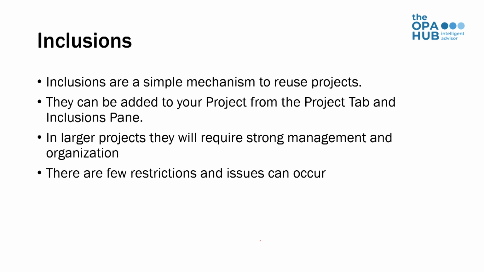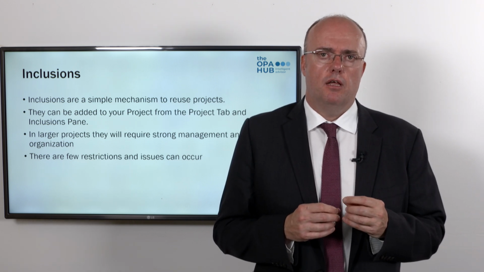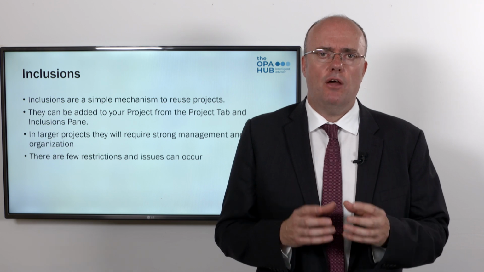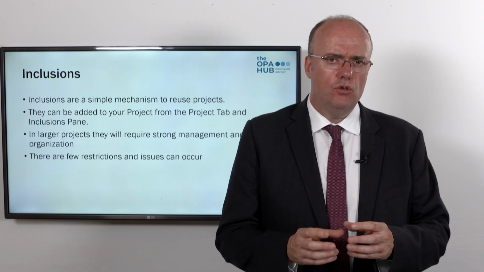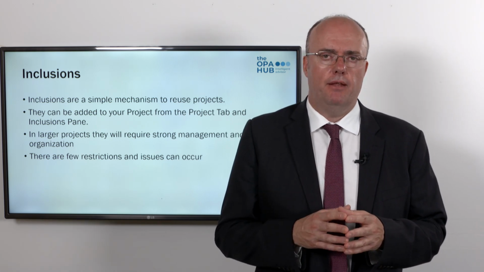The final piece of functionality that makes the collaboration modules so attractive to large teams is called inclusions. Inclusions are a very useful concept that allow you to reuse projects. Let me explain.